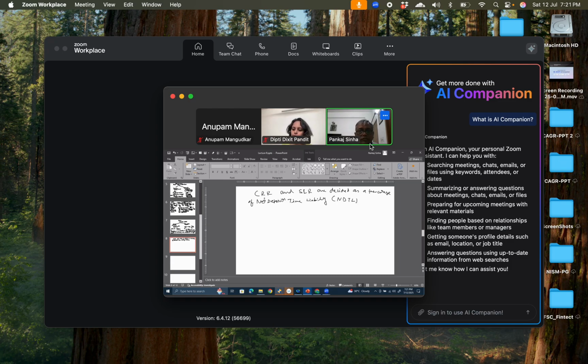NDTL. इसके अलावा एक और रेशियो इनको रखना पड़ता है, कैपिटल adequacy norm for market risk, credit risk, and third is the operational risk.